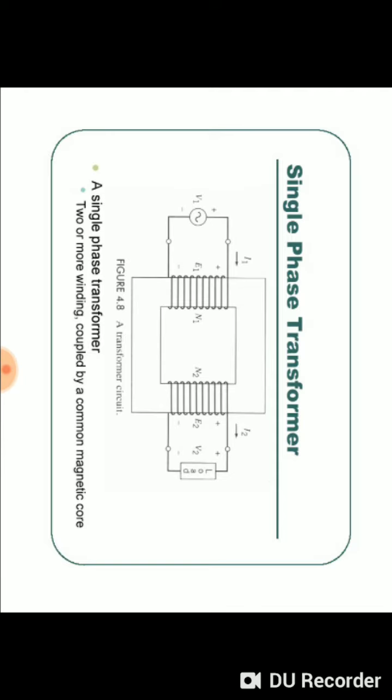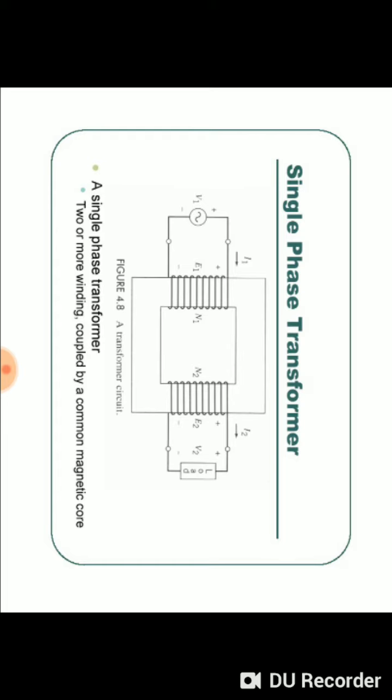So a single phase transformer is nothing but an AC circuit, a static device, where to one of the windings, or one of the circuits known as primary, we apply voltage V1, an AC quantity, because of which current I1 flows through it. Flux phi is generated.